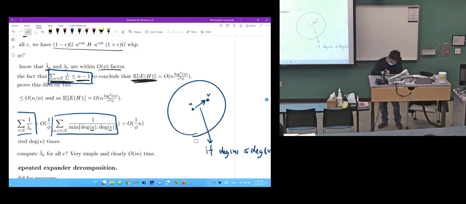You just do this for every edge. You will get something like this for every node: each node will have some edges going out and some edges coming in.